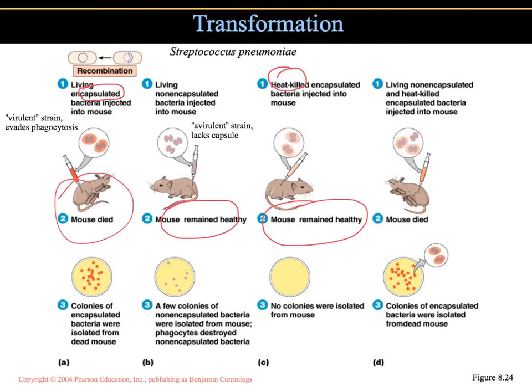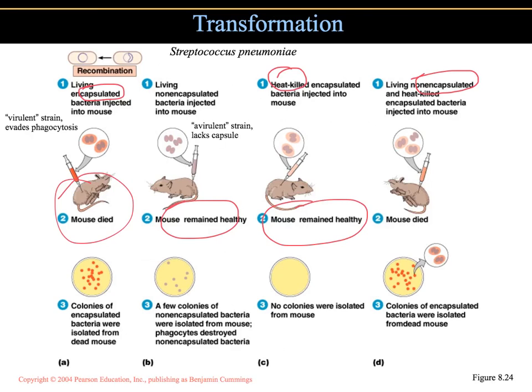Now, this is when things started getting a little interesting. He took non-encapsulated bacteria. These non-encapsulated bacteria should not cause disease. These are avirulent. They were living. And he also placed the heat-killed encapsulated bacteria, and he injected it into the mouse.